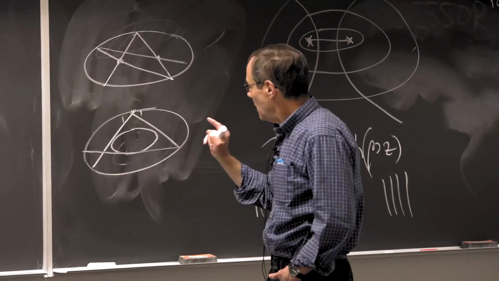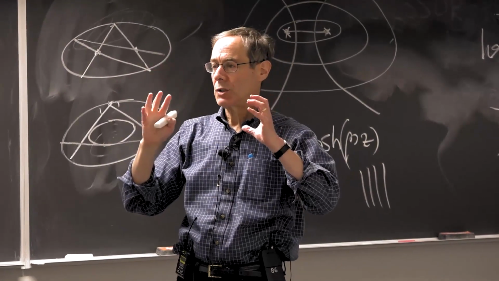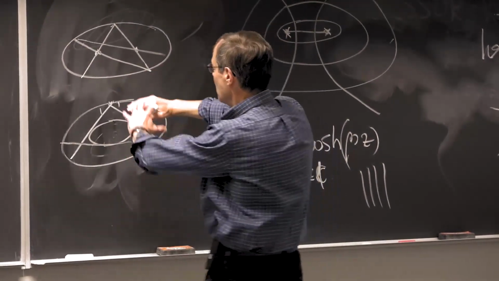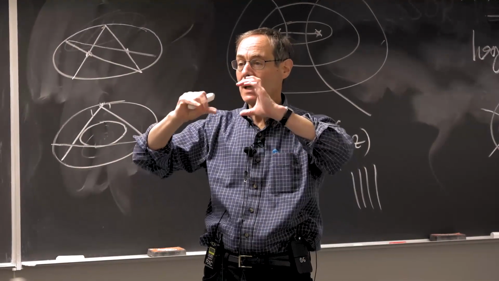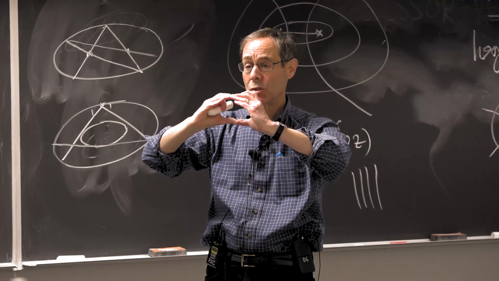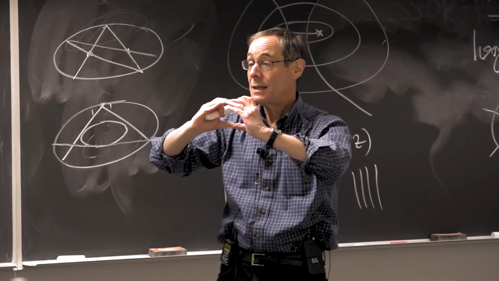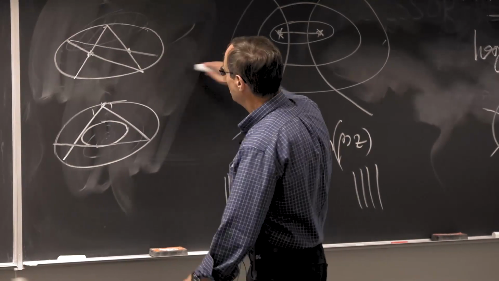Now, it turns out that this works in higher dimensions too. If you take an ellipsoid and you take any trajectory, it will stay tangent to a confocal ellipsoid inside. And in the limiting case, you're just going back and forth.